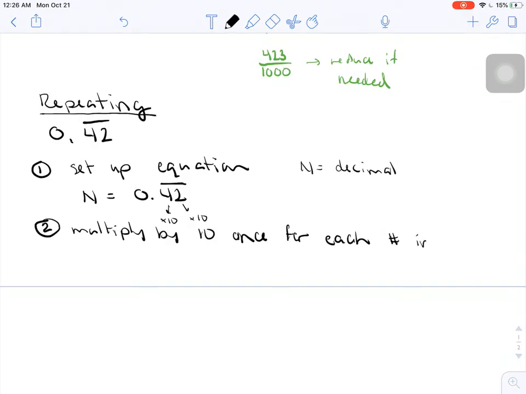We'll say multiply once for each number in the pattern. So this is a 2-number pattern, so we would have to multiply by 10 twice.